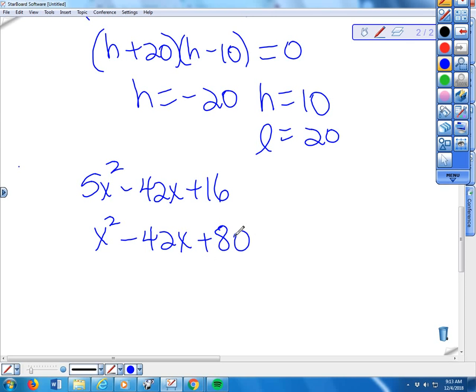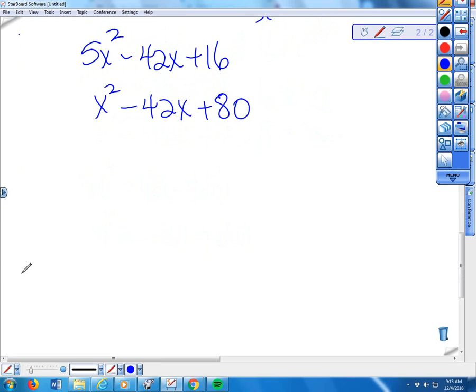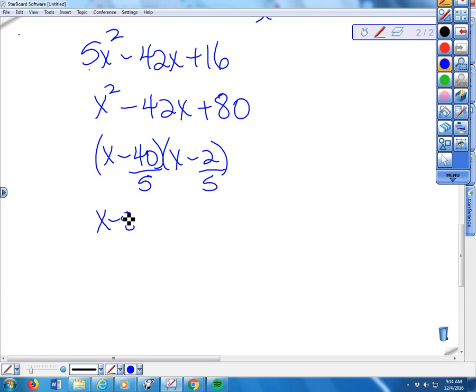So I'm looking for factors of 80 that add up to 42. They're either both positive or both negative. The middle term's negative, so they must both be negative. Well, 40 and 2. I can't forget, I multiplied everything by 5, so I have to divide everything by 5. And the bottom's up when you're factoring. This comes up.